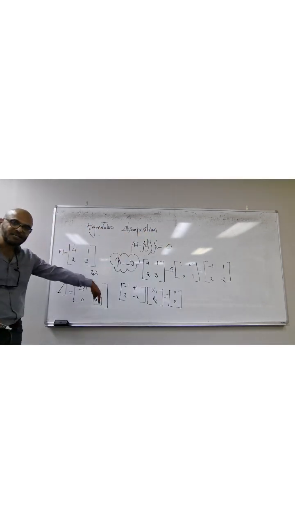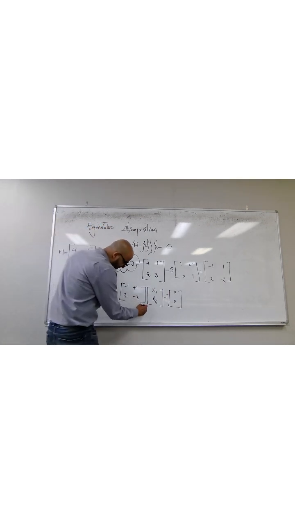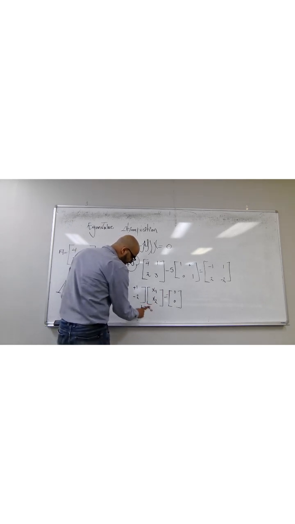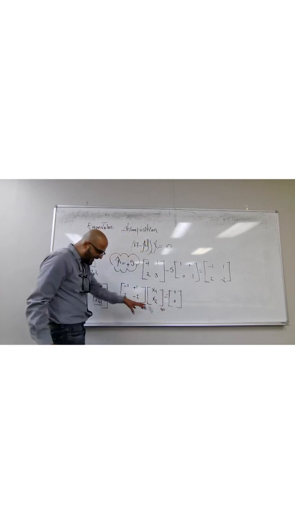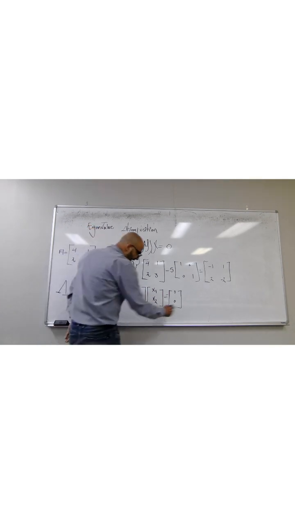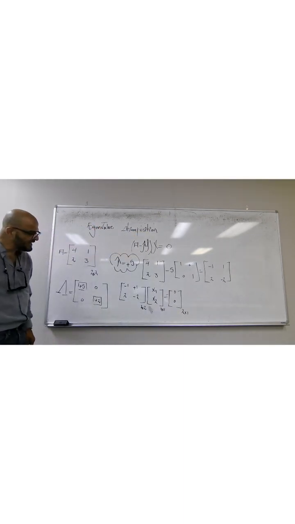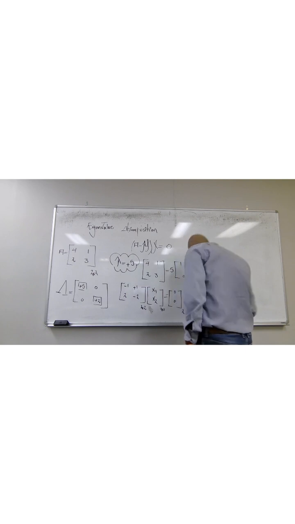In order to find x1 and x2, I'm just going to use the multiplication. I know that this is a 2 by 2 matrix and this is a 2 by 1 matrix. They are compatible for the multiplication. Then I have a 2 by 1 matrix as the resulting matrix.